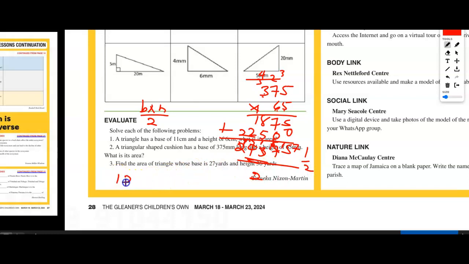So we should get 12,187 and a half. This would be square millimeters. So again, this would be 12,187 and a half, or we could use the decimal 0.5, square millimeters for that one.